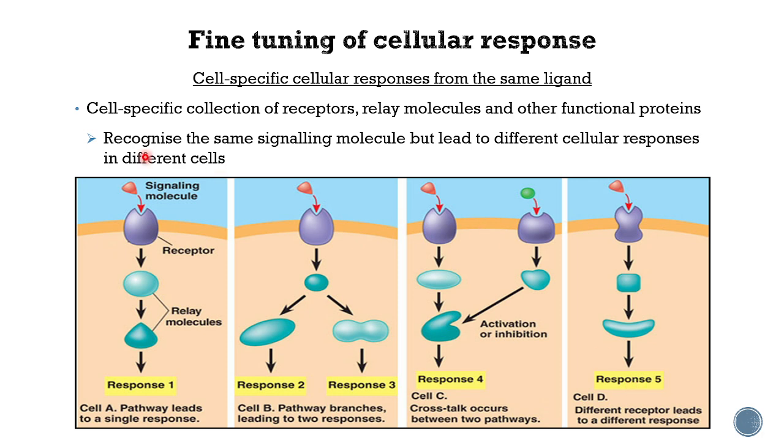So this is how the same signaling molecule, the same ligand, can activate or trigger different responses in different cells, depending on the types of proteins that the cell has that can be activated by the same ligand or the same signaling molecule.